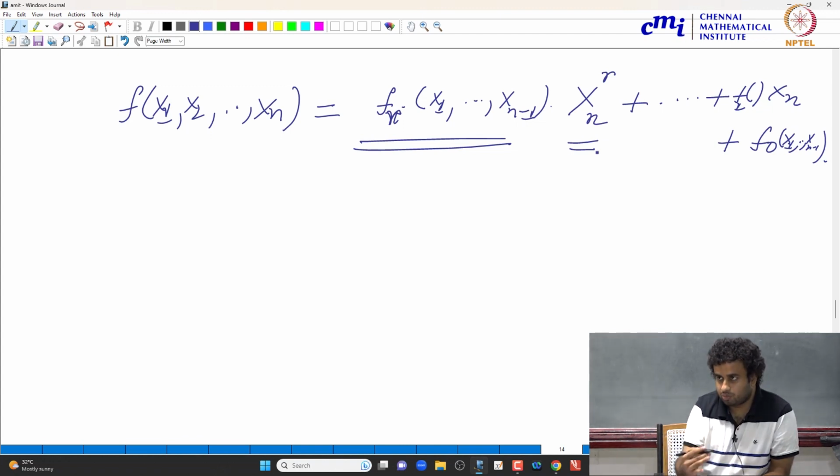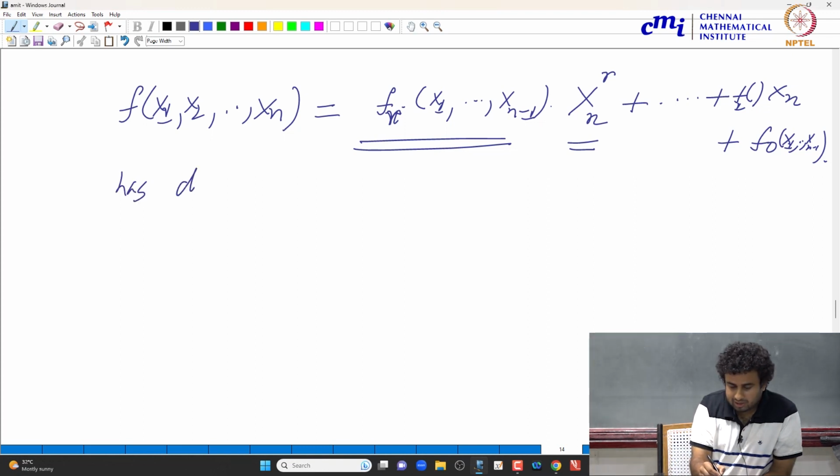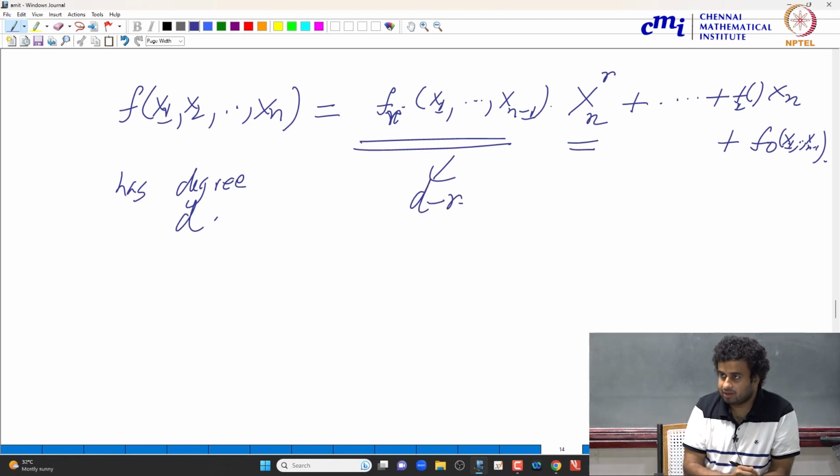Now if this polynomial has total degree d, then this coefficient of xn to the power r has degree d minus r.